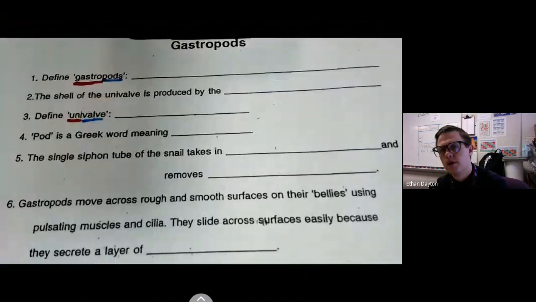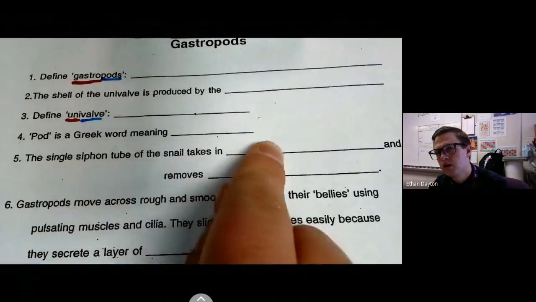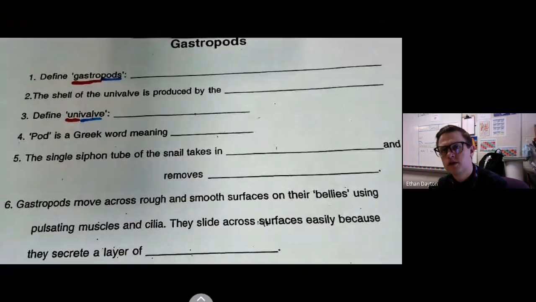Number 4. Pod is a Greek word meaning what? What does pod mean? Remember people that go to a podiatrist? What are they getting worked on? Podiatrist specializes in this. So what does pod mean?